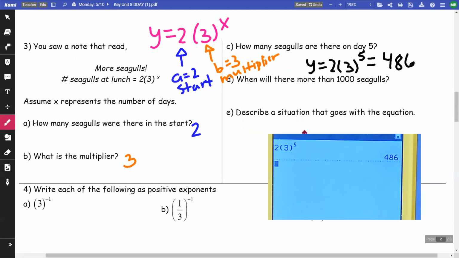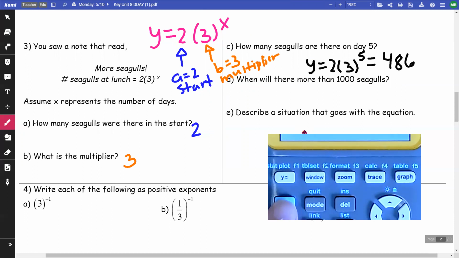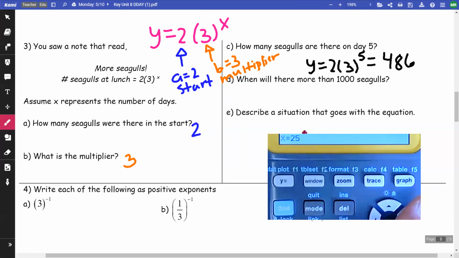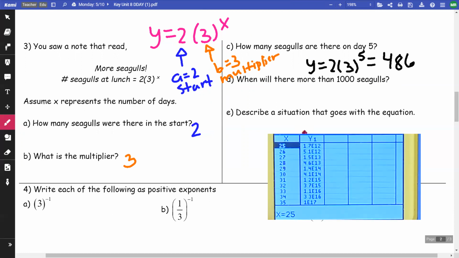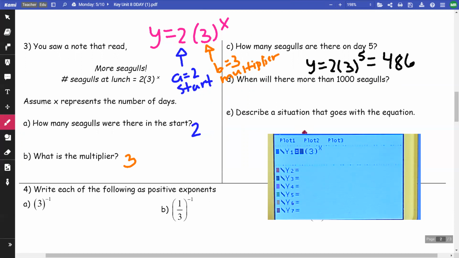When will there be more than 1,000 seagulls? So what we can do is we can guess and check, or you can put this into your graphing calculator. Okay. So if I go to my y equal and let me get rid of these 2 equations, I'm going to go 2 times 3 raised to the power x. And I'm going to get my table again, which is my blue second and graph for table. Okay, and I want to go back to start. Let me make sure I have my equation 2 times 3 to the power x.